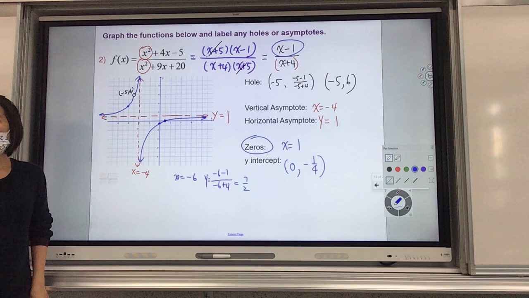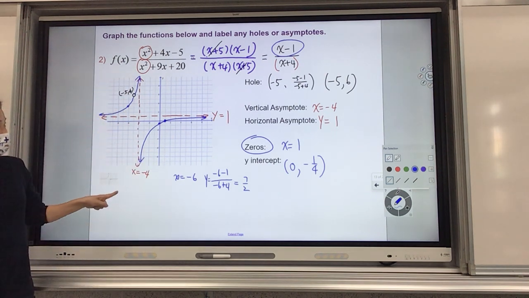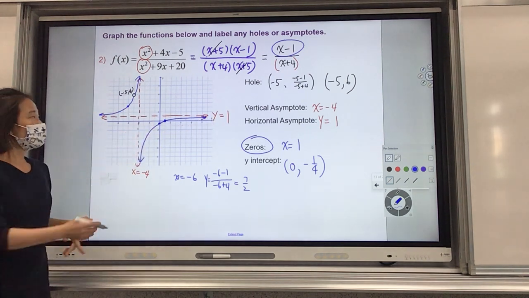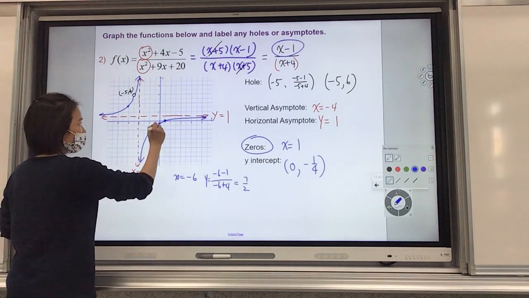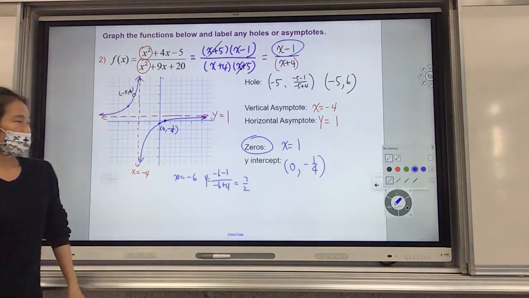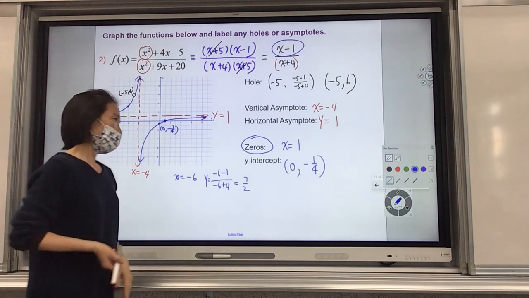Your homework has to satisfy all these criteria. Asymptotes clearly labeled. X and Y intercepts should be labeled. This is 1, so it's clear. The other one should be labeled, or at least on the side, you show it. The hole location is labeled, okay?